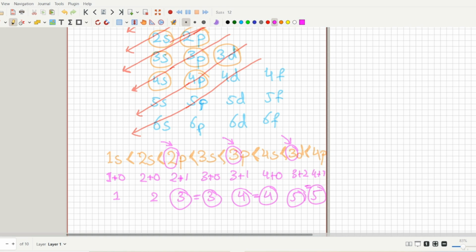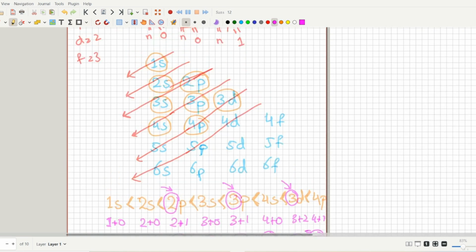So you don't have to memorize all the n plus l values. You can use that in the MCQs. You can also use this table that I gave you. So these are the two ways that you can use to understand in which shell the electron will fill up first.